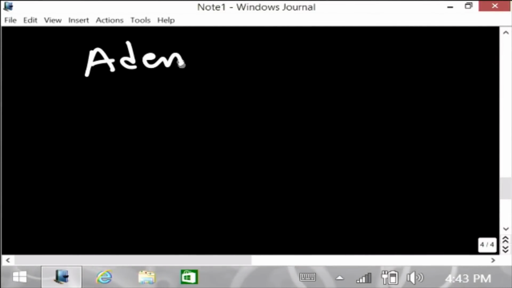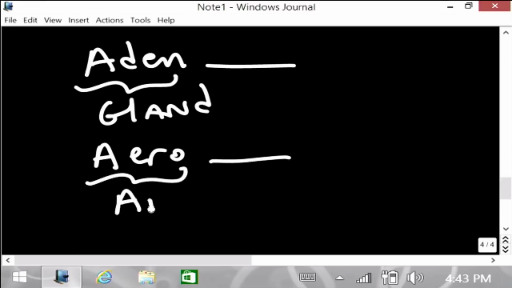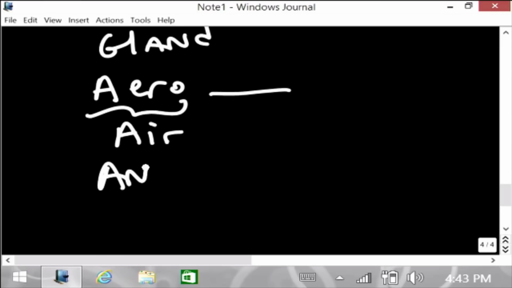When the word starts with aden, whatever comes after that, this means gland. If it starts with aero, it means air. If it starts with angio, this really could refer to two things.